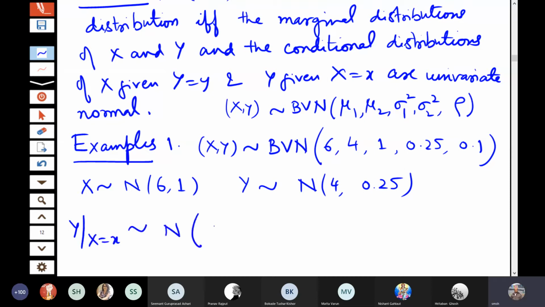That will be normal with mean mu2, so mu2 is 4, plus rho sigma 2, sigma 2 is 0.5, into (x minus mu1) divided by sigma 1, and variance will become sigma 2 square, that is 0.25, into 1 minus rho square.